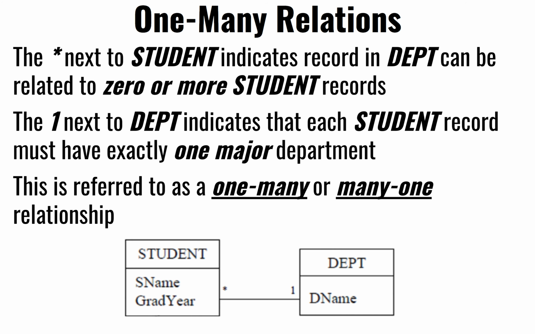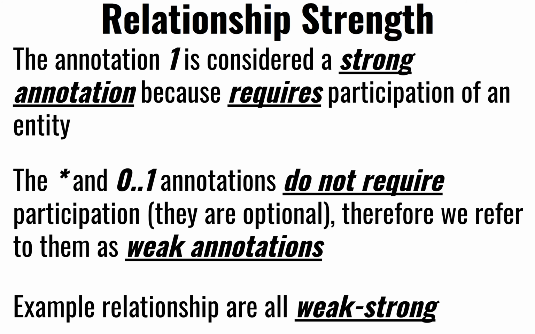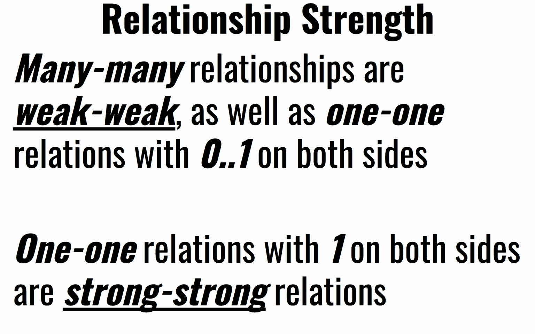The same thing with this one. A department might have students, it might not have any students. So it's also considered a weak relationship. I know there's one department, but I don't know if there's any students. So on this side, it's a strong relationship, and on this side, it is a weak relationship. Okay, again, some jargon. Some relationship strength, weak, strong.